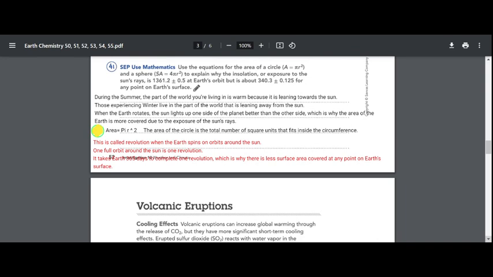So for the area of a circle, we know that's pi r squared. Remember, the area of the circle is the total number of square units that fits inside the circumference of the circle.